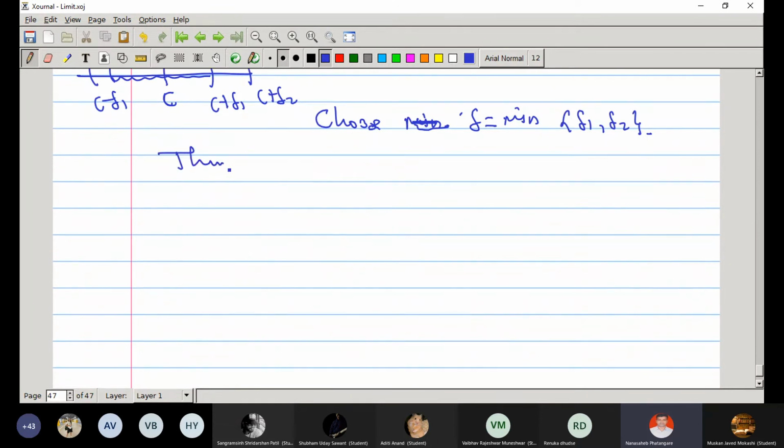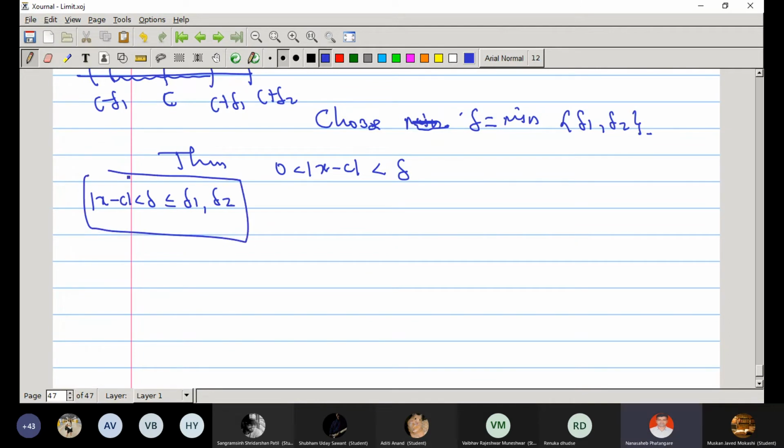Then check whether this is the required delta. Whenever the distance of x from c is less than delta, and delta is the minimum, it is less than delta 1 as well as delta 2.